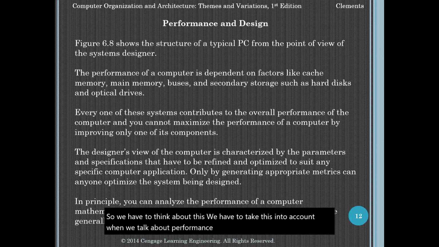The metrics that define a computer's performance are used by the designer to improve the computer's architecture and organization by doing things like locating bottlenecks and eliminating them or minimizing their effects.